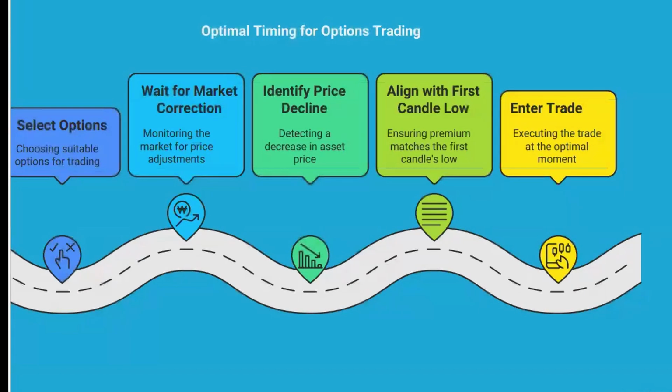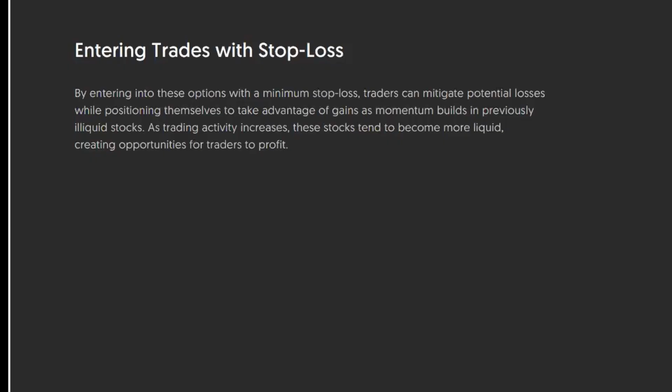Next step is, first, this is the flow chart. Select the options, wait for the market correction, identify the price decline, align with the first candle low, almost. Enter the trade. After entering the trade, you will be entering with a minimal stop loss.